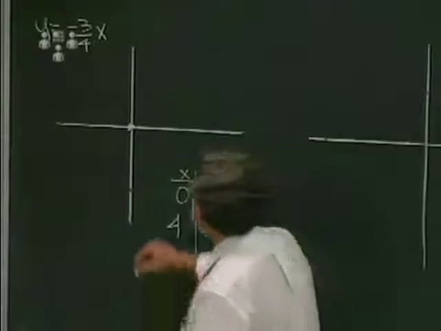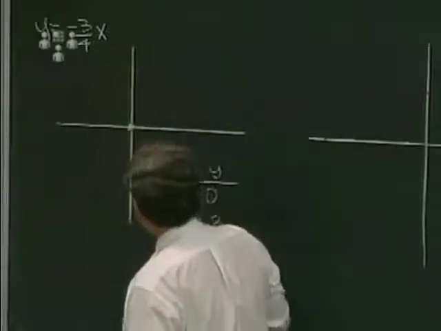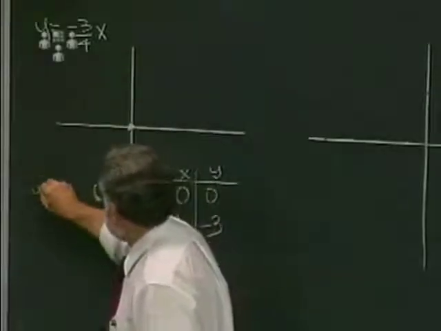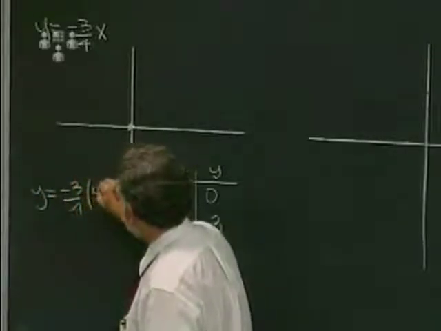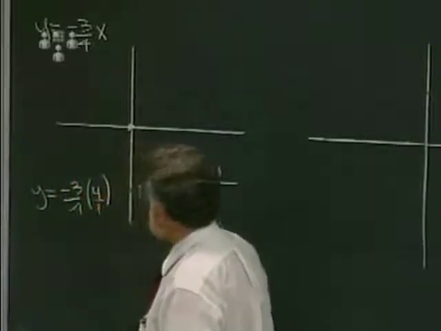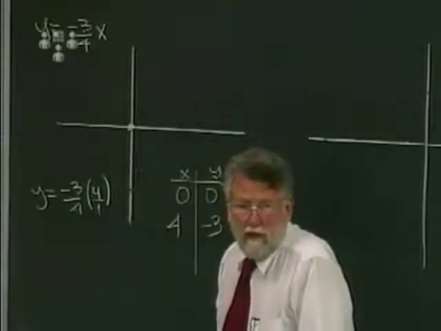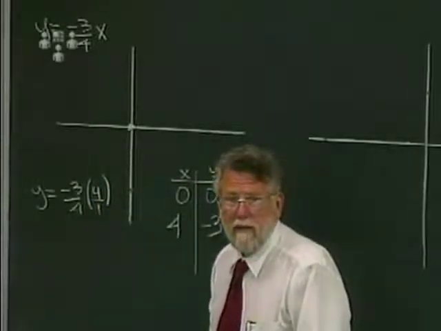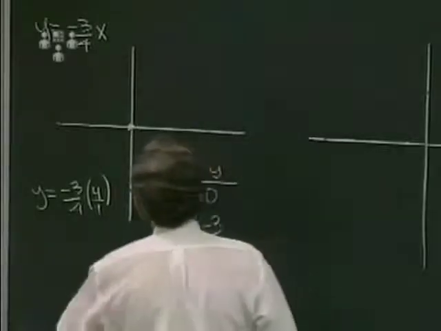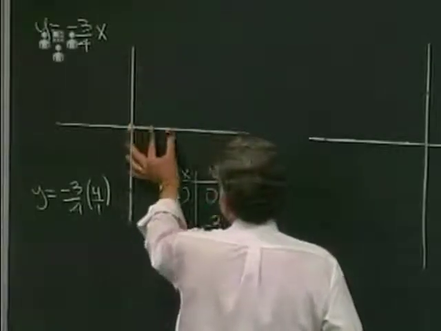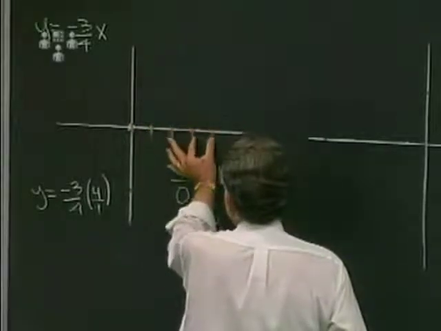If I had y equals negative 3 over 4 times 4 over 1, the 4's cancel, giving you negative 3. 2 points, that's all I need. Go over 4: 1, 2, 3, 4.